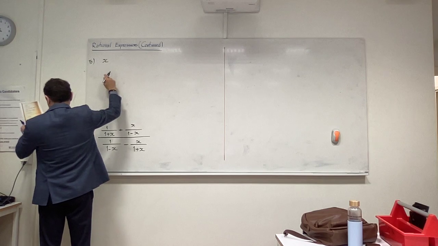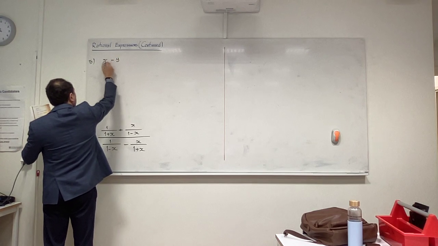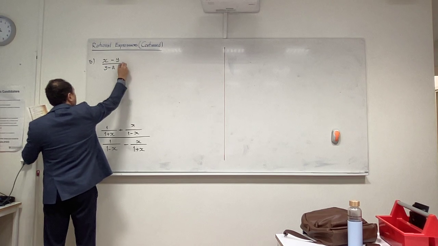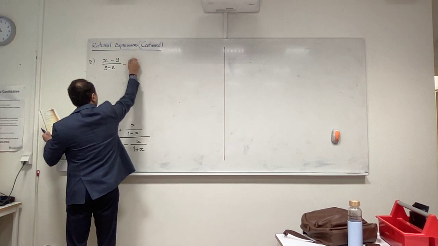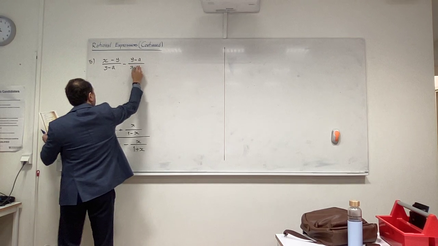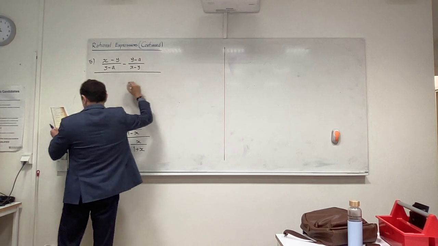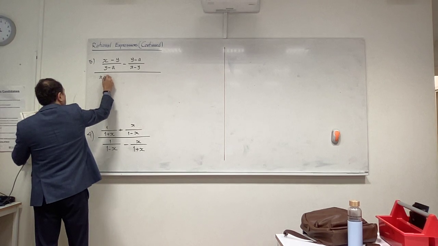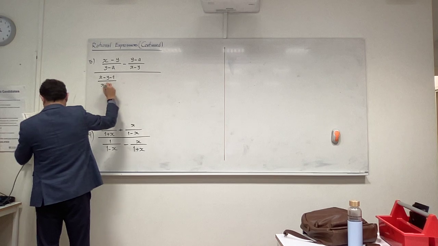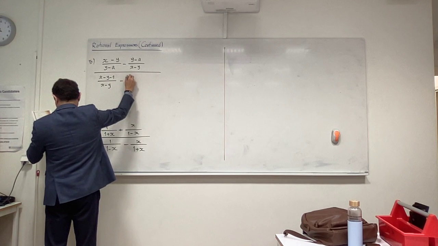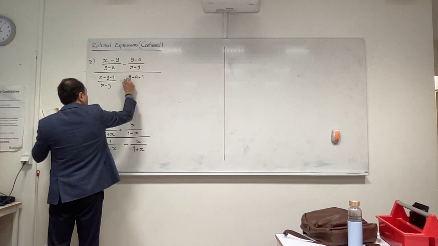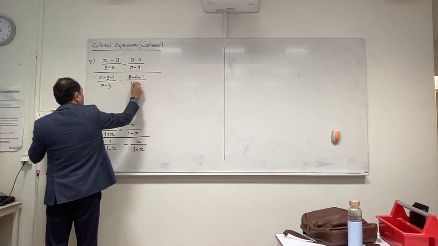So x minus y over y minus a, minus y minus a divided by x minus y, and then the whole expression divided by x minus y, minus 1 divided by x minus y, and then minus y minus a, minus 1 divided by y minus a.